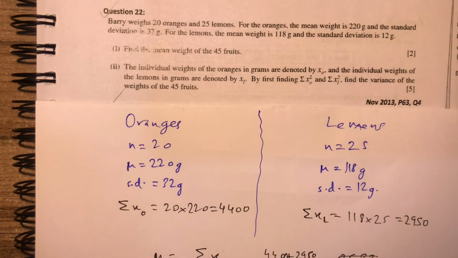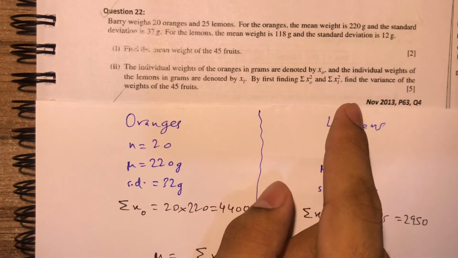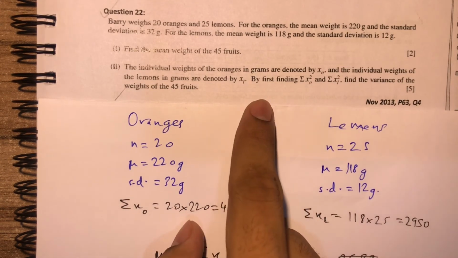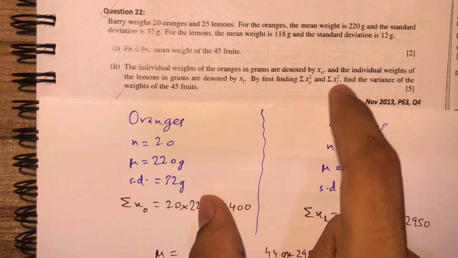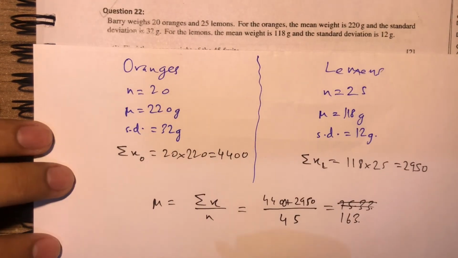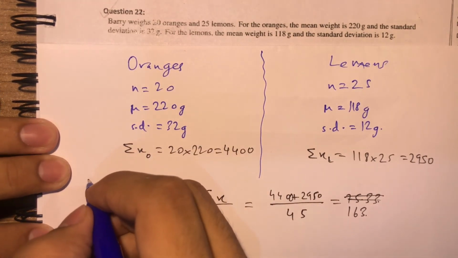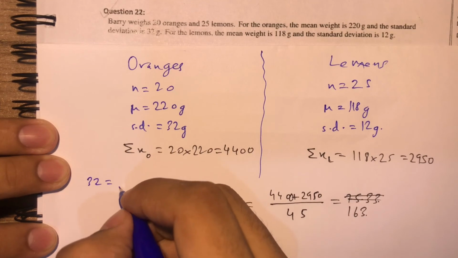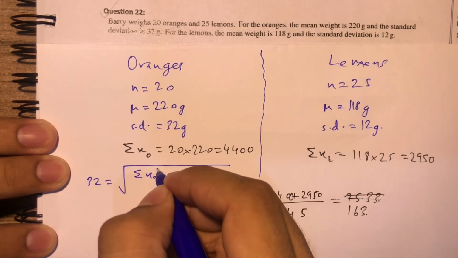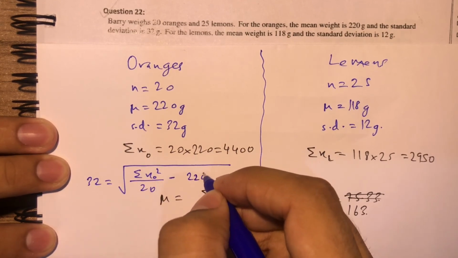Now in the second part, they are saying the individual weights of the oranges in grams are denoted by XO as we did ourselves, and XL for lemons, by first finding sigma XO square and sigma XL square. So first we'll find sigma XO square and sigma XL square, right? So for sigma XO square, we'll use the standard deviation formula. 32 equals root of sigma XO square upon n minus the mean squared.